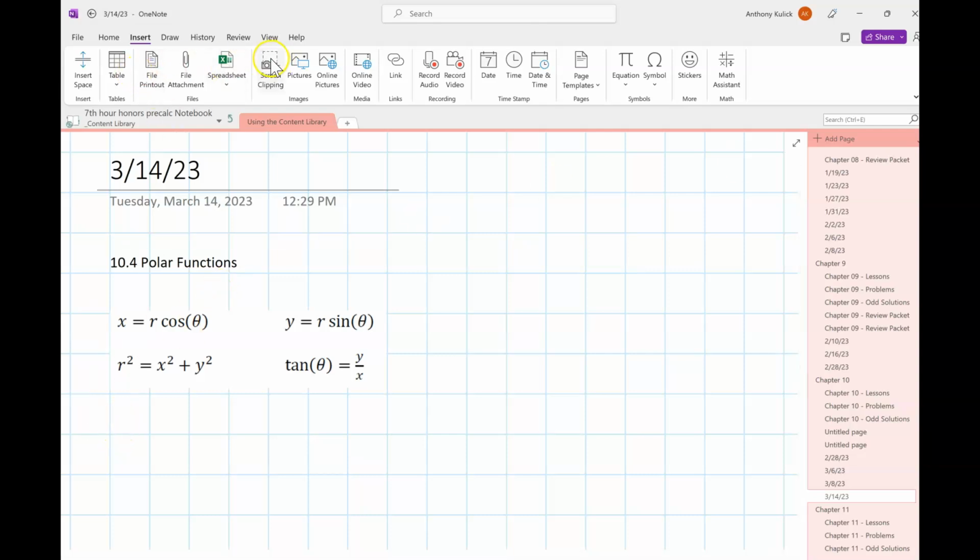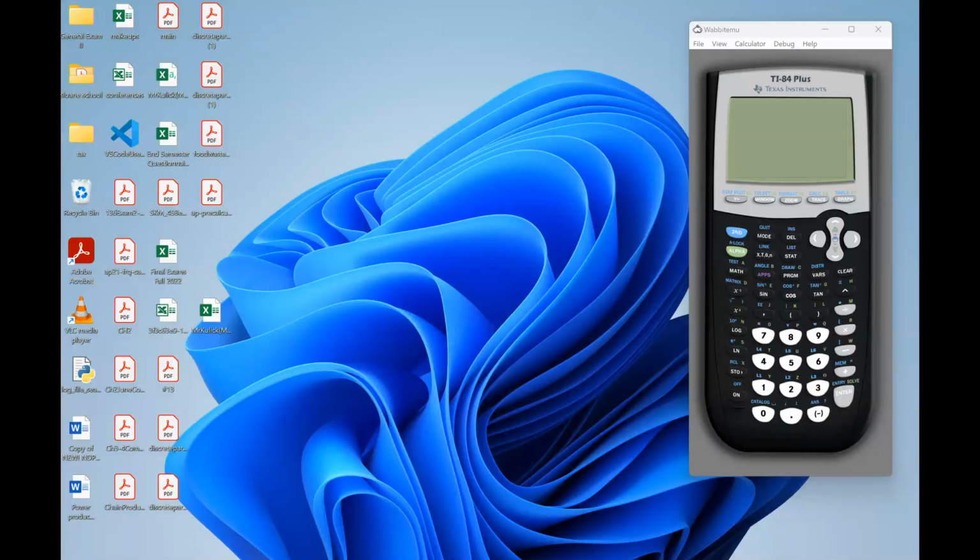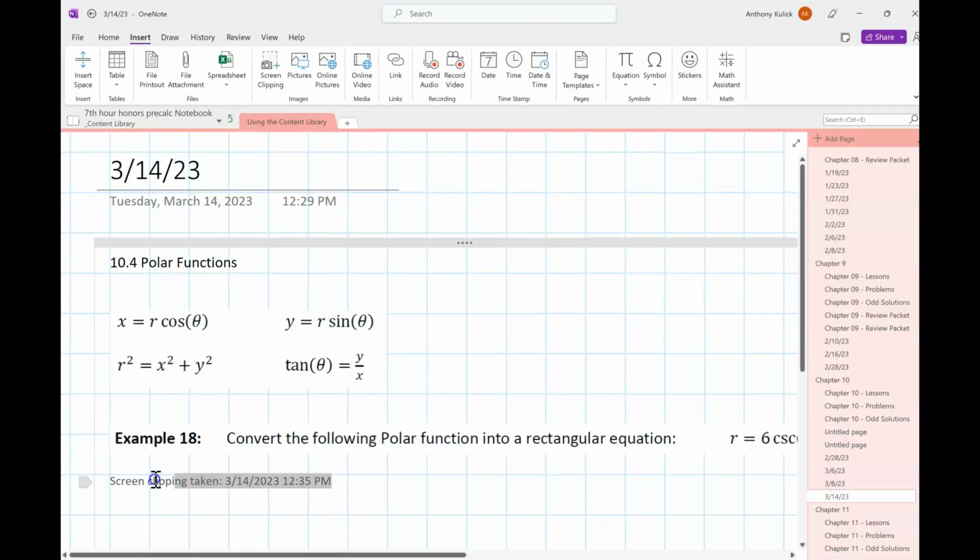In this section, we're going to be mainly worried about converting between polar functions and rectangular functions and vice versa.